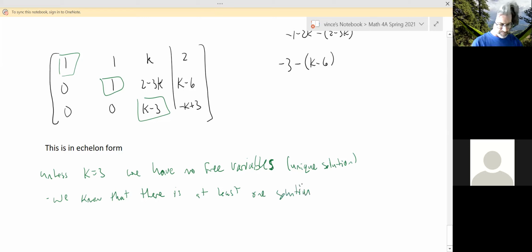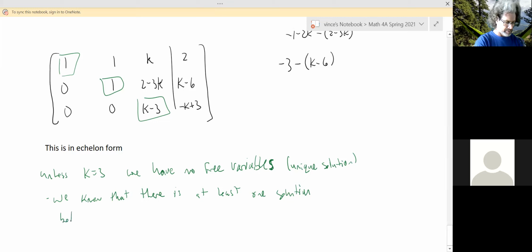I want to say we know there's at least one solution because that bottom row is either 0, 0, some non-zero thing, some other non-zero thing, or all zeros, right? We know there's at least one solution.